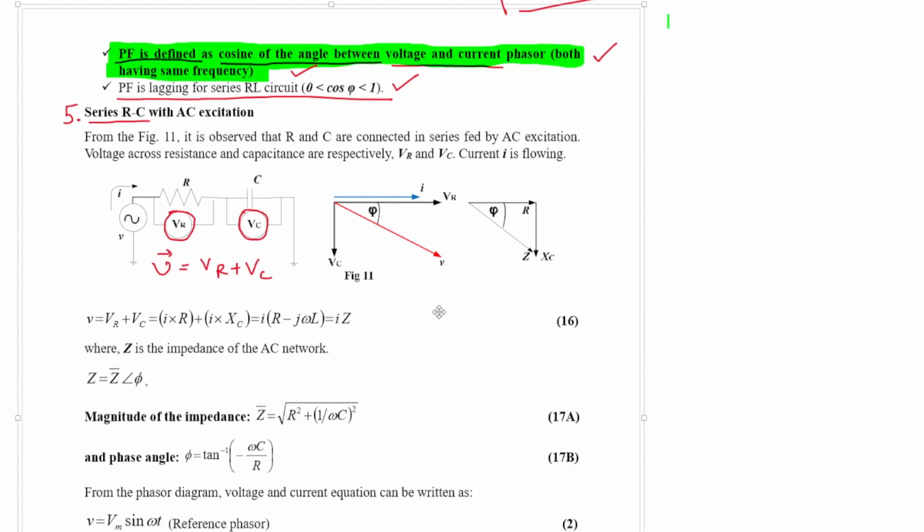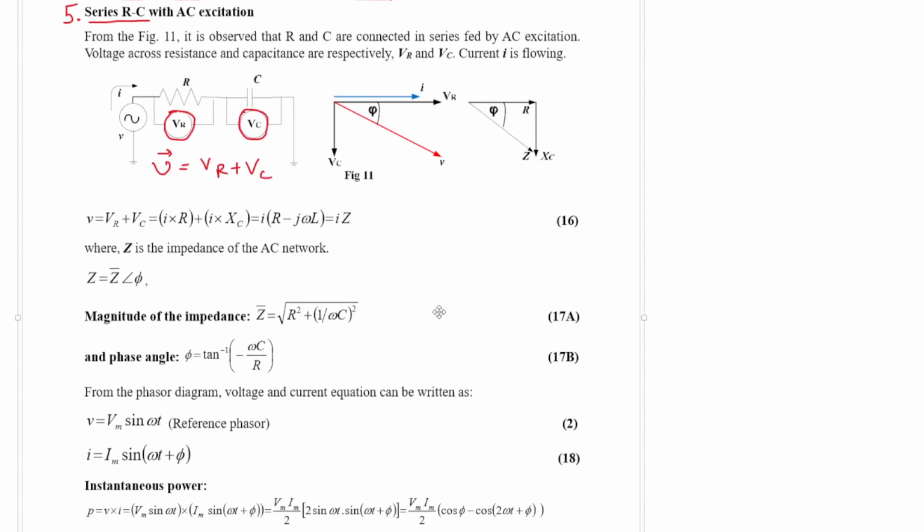So with excitation, this is one mistake.